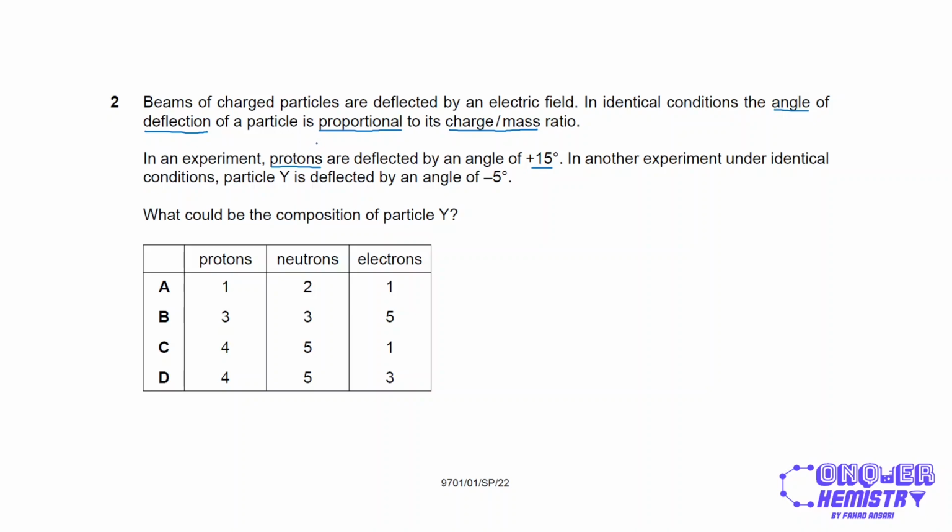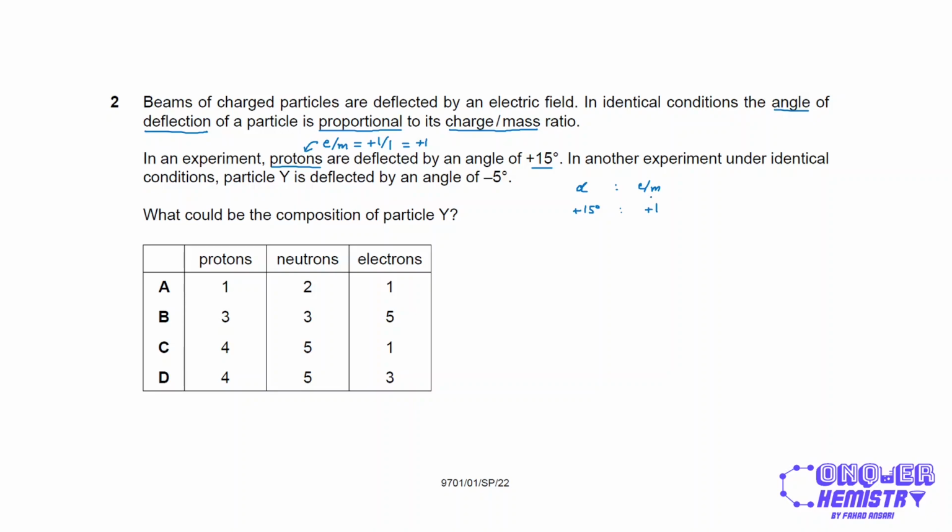So protons have a charge to mass ratio, an e by m ratio, of +1, that is the charge, divided by 1 unit, that's the mass, and so you have a charge to mass ratio of +1. So if I place the angle alpha over here in the ratio with the charge to mass ratio, the angle is positive 15 degrees and the charge to mass ratio is +1.